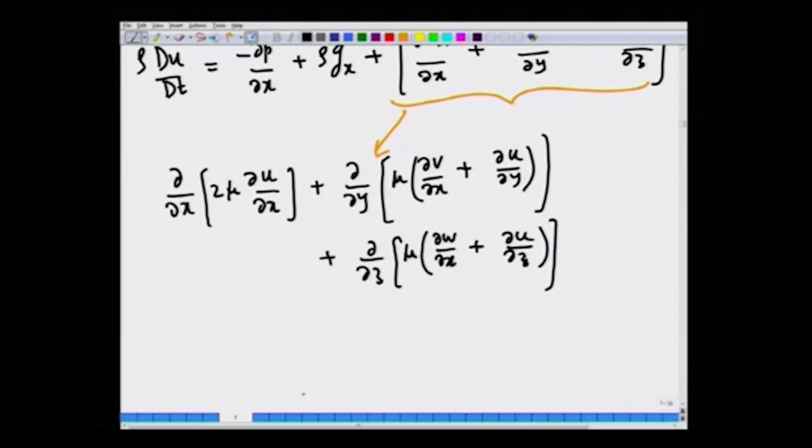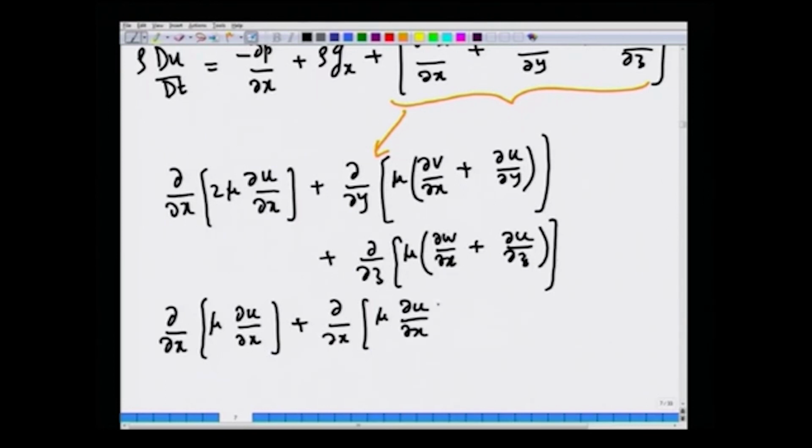Okay. Now, I can write the first term as, since it is 2, I can write it as a sum of two terms, partial x of mu partial u partial x plus again the same thing. Now, in all these equations, I am going to write the first term separately, all the other two terms.